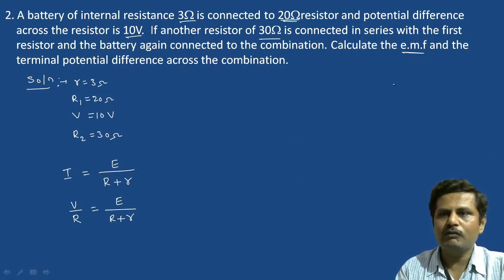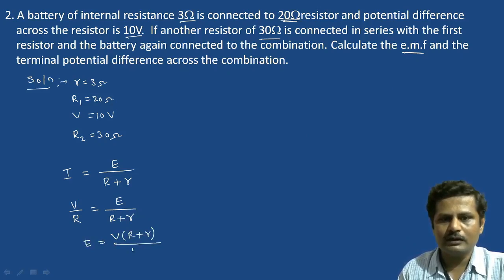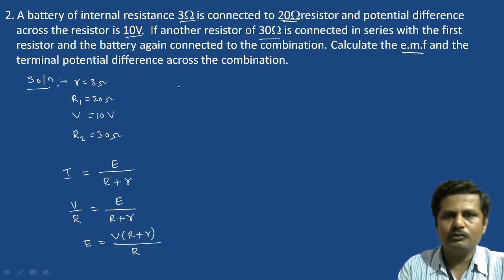So now we want to find out the EMF of the cell, so let me make E the subject of the formula. We will get E equals V of R plus r divided by capital R. On substituting the values, V equals 10, capital R is 20 ohm, small r, the internal resistance, is 3 ohm, divided by capital R, 20 ohm.